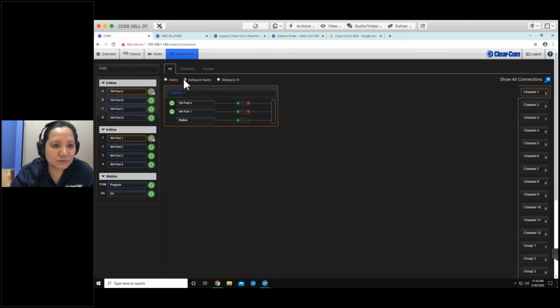On top here, you could look at them by row names or belt pack names or belt pack ID. Okay. This is just the station ID, which we could change. I'm not sure if anyone looked at belt pack ID, but rows is a good option to start off.